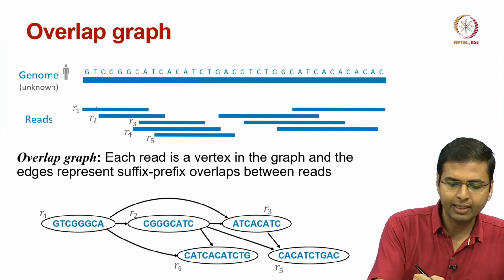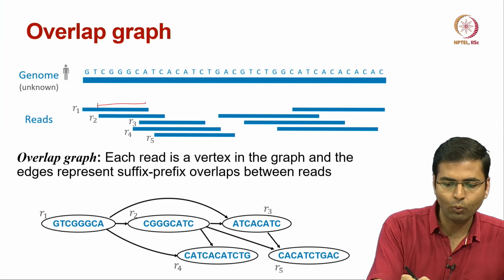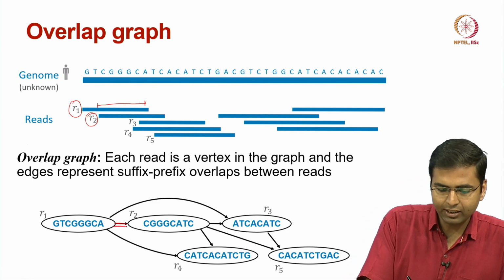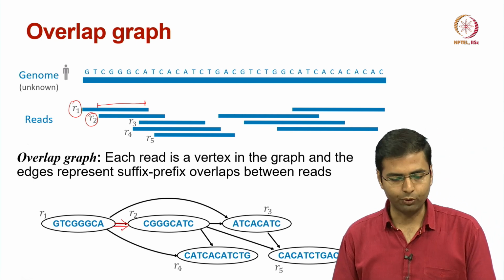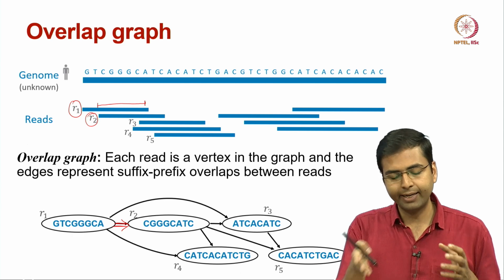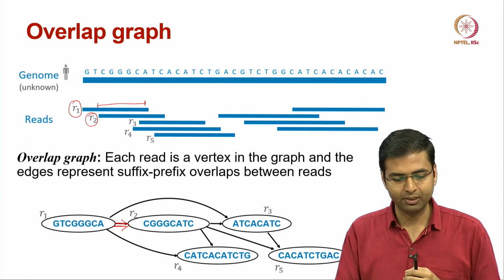That is why you have a directed edge from R1 to R2, and clearly you can see all other directed edges correspond to suffix prefix overlaps, right.